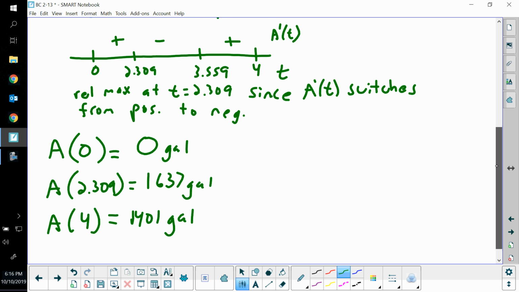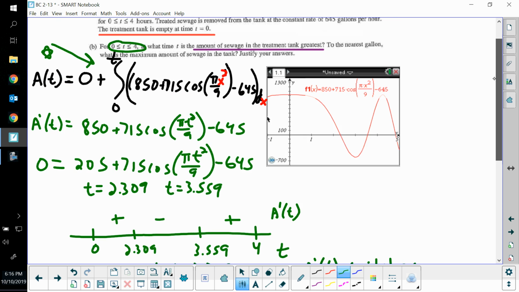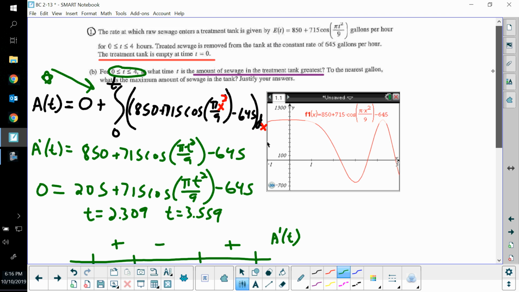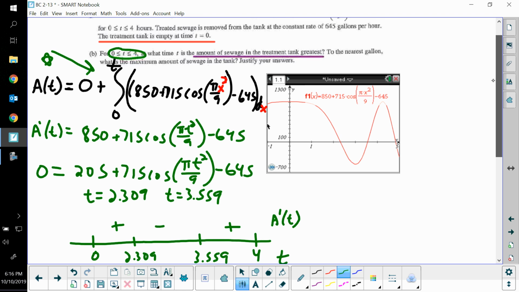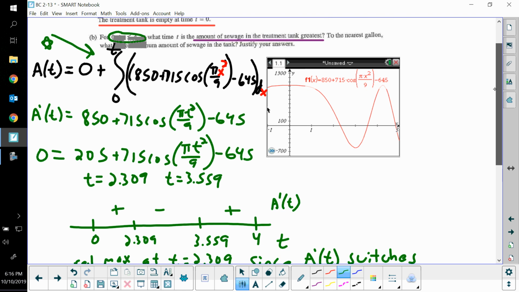So the final thing, we'll just make sure we answer the question. We wanted to know at what time t the amount of sewage is the greatest, and what is the maximum amount of sewage in the tank.